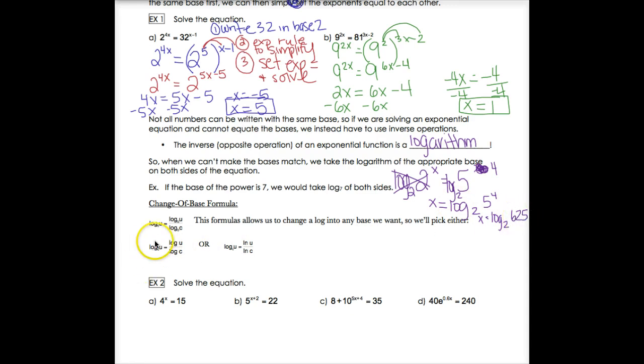So using this formula, change of base, I can say x equals log base 10, the common log, of 625 over common log of 2. So I always say log of big over log of small. You always put the big number on top.